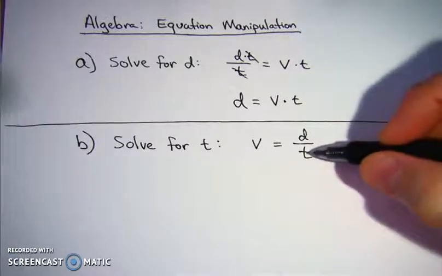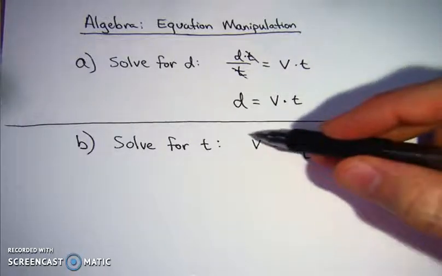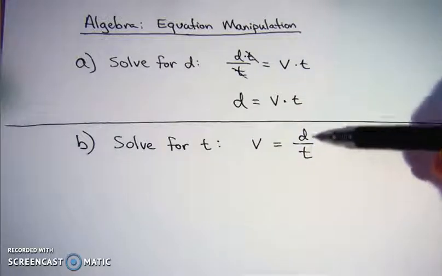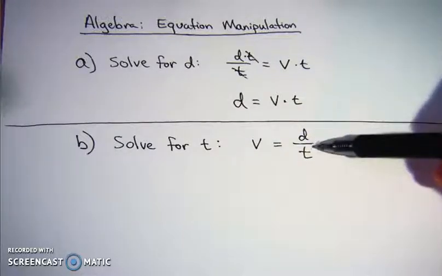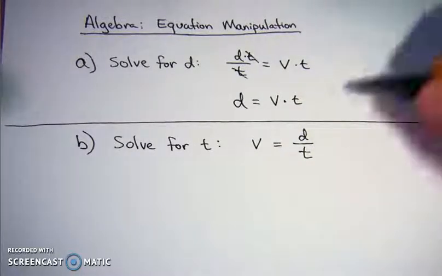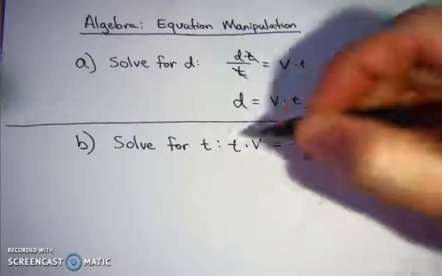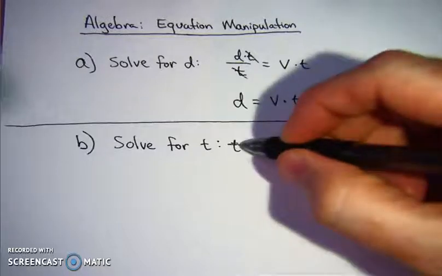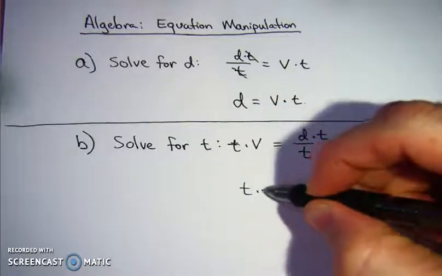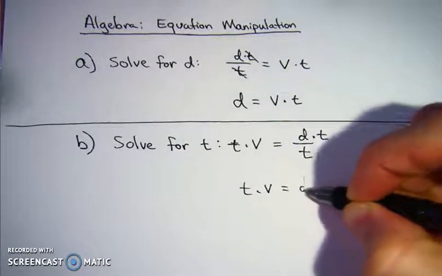So we know that t will go over here and be with v, but we'll have to separate that later. But to get it out of this fraction, we need to multiply both sides by t first. So let's do that. We'll multiply both sides by t, and you wind up with t times v equals d.